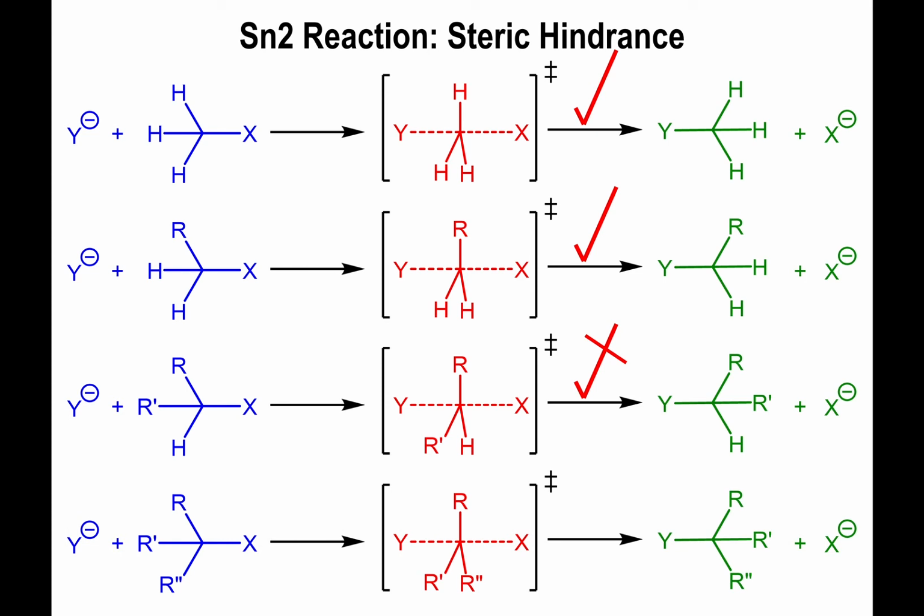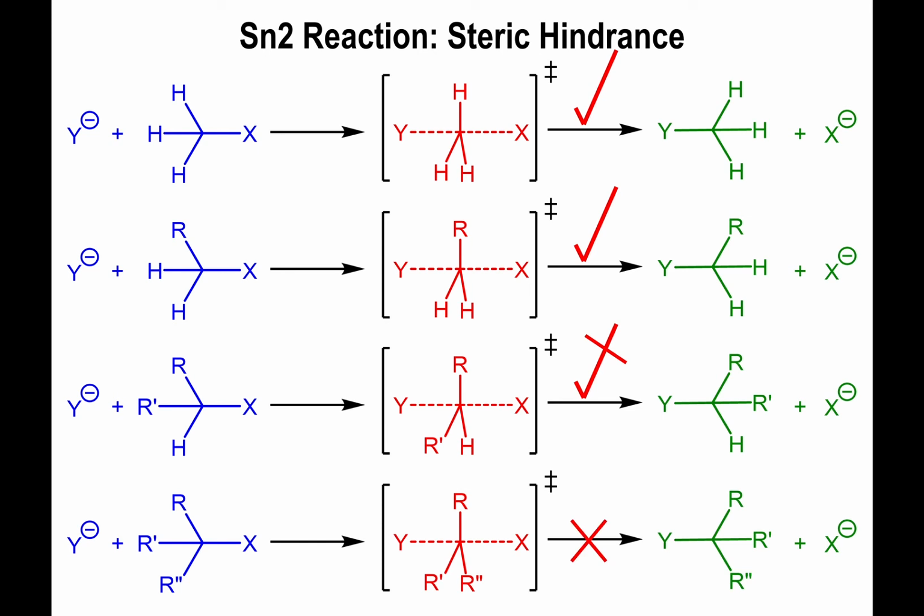Now, the final case, you might have guessed it, tertiary alkyl halides. In this case, you have so much steric bulk because you have 3 R groups present in here that the nucleophile trying to reach over opposite of where the leaving group is located is almost impossible. In fact, it's so bad of a repulsive interaction that this rarely ever happens.